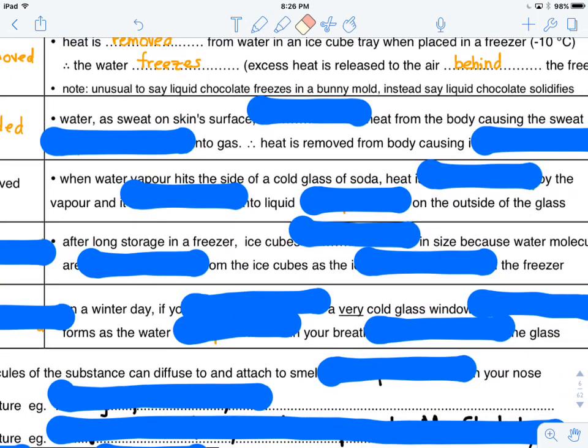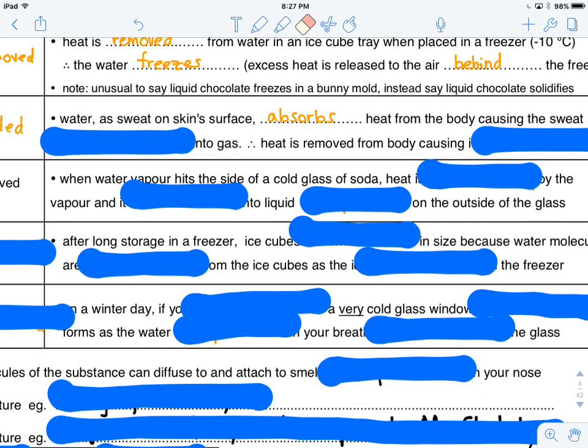So a few examples. Water, which really is what your sweat is on the surface of the skin, will absorb heat from the body. So when you're warm, your body will give off liquid water, which is what we call sweat.